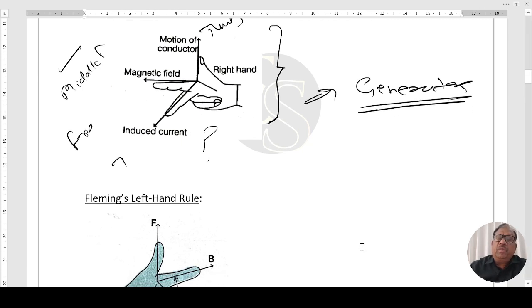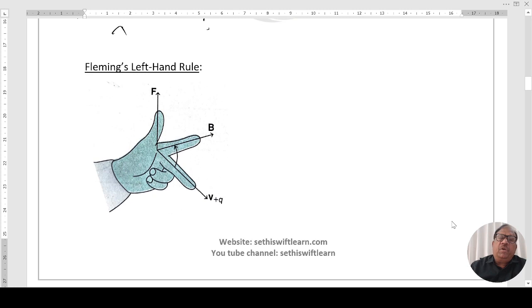Fleming's left hand rule is applicable when a charged particle enters a uniform magnetic field.